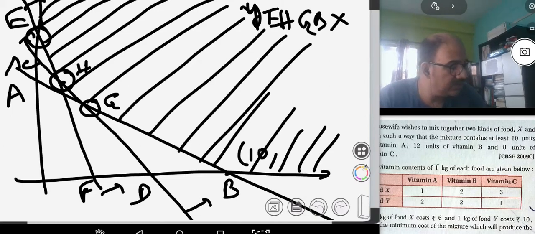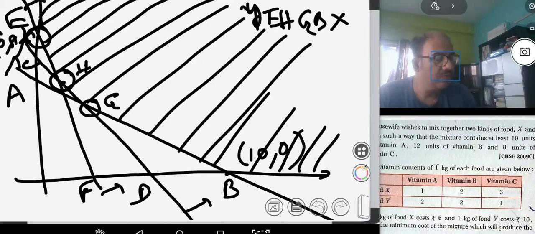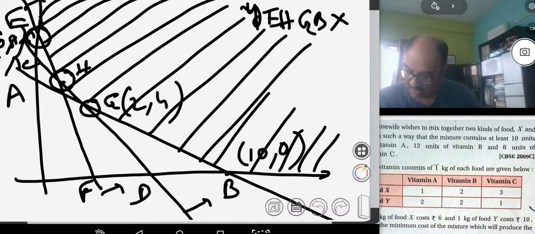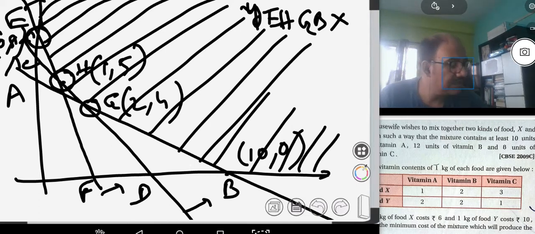B point is 10, 0. E point is 0, 8. And you find the points H and G by solving the equations. You can find the point G as 2 comma 4 and H as 1 comma 5, and put those values in the objective function. So the objective function was 6x plus 8y.